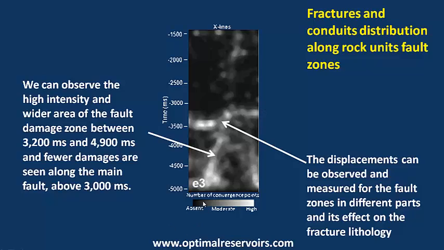We can see that we have a main fault here. The damage in the lower part is higher than the upper, and it is fractured rock units displaced, and there are other faults and damage in the area that can be identified too.